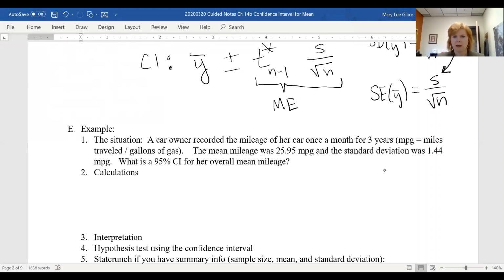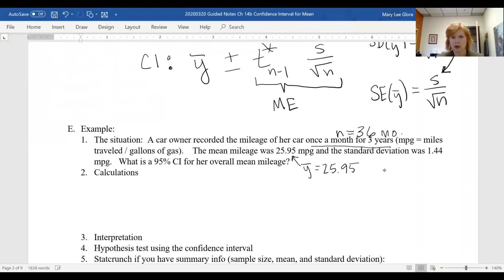And the mean mileage for those 36 months, this is y bar, 3 years monthly, tells me that I've got an n of 36 months. Y bar is my average gas mileage, right?